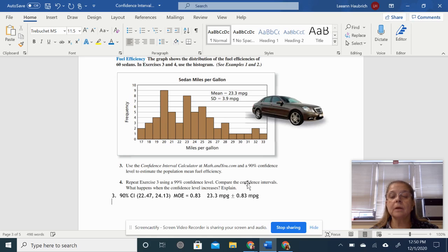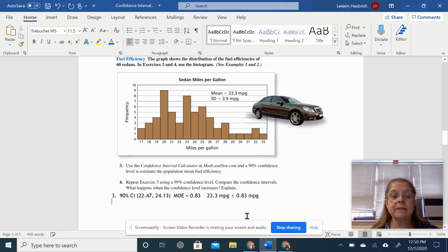But if we move it out to 99, we're going to say 99% of the samples will include the true population mean. So we should end up with a larger margin of error because we're stretching out. Let's see if that happens.